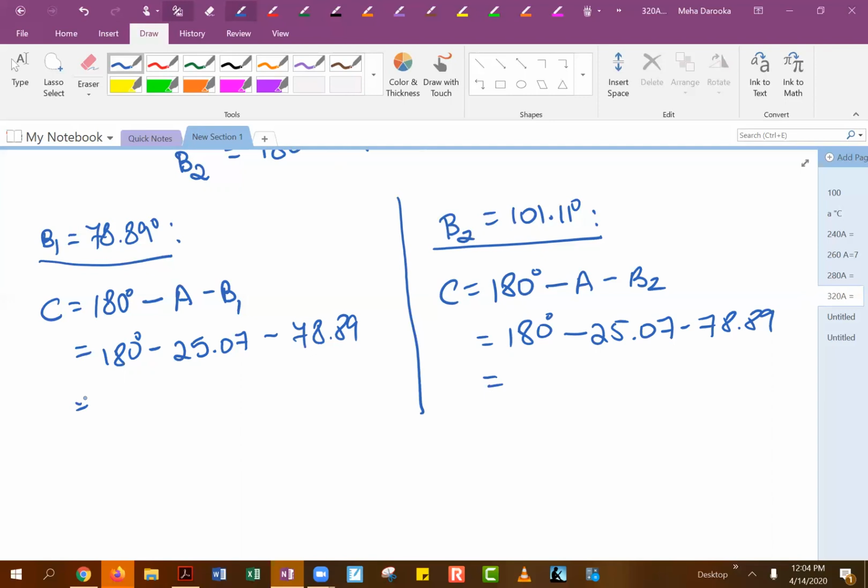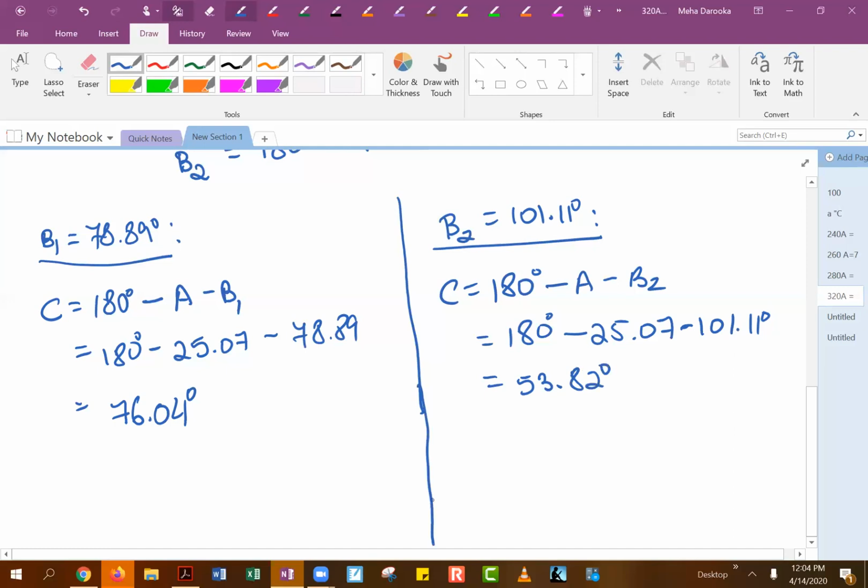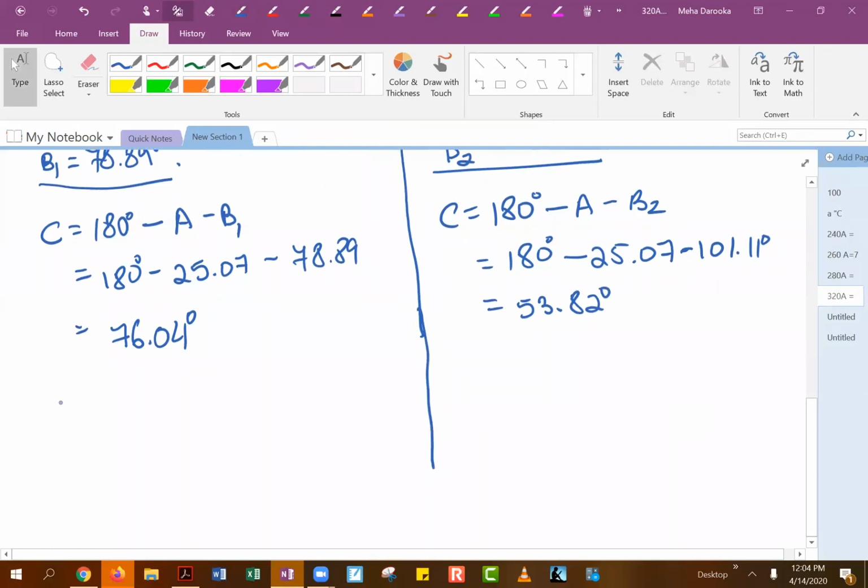And for B1, I got 76.04. Oh, hold on, I put this incorrectly here. This should be 101.11. So now that we have our angle C, we just need to find the side C.